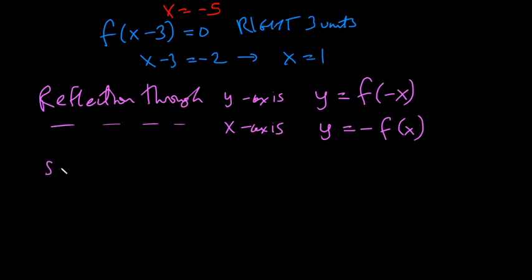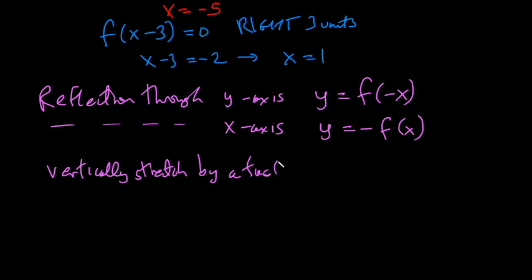And you can also do stretching and shrinking. And again, there's 2 varieties. You can vertically stretch by a factor of a. So that just multiplies the entire function times a.